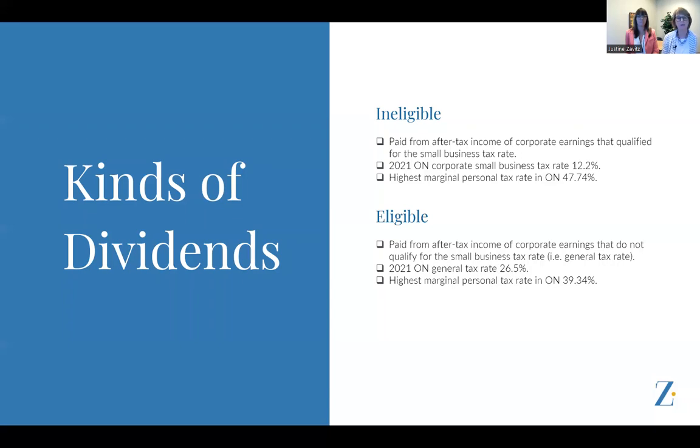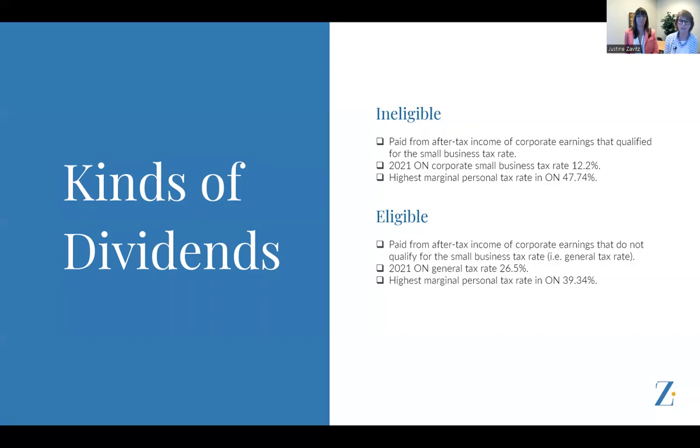39.34%. So if I take the example of a corporation that does well, that has an after expense profit of 700,000, the first 500,000 is taxed at 12.2%. And the remaining money from that 500,000 then is subject to an ineligible dividend when taken out and taxed at the 47.74%.